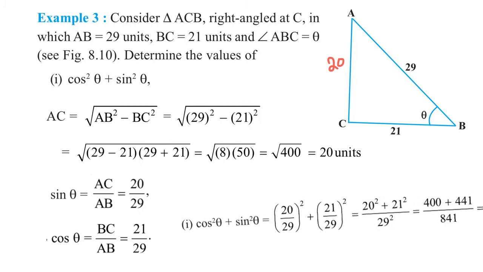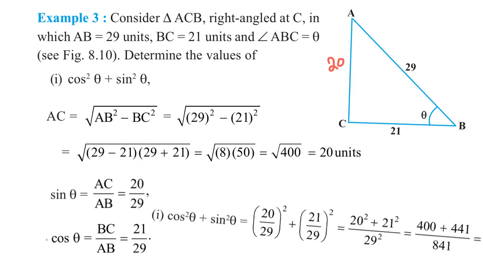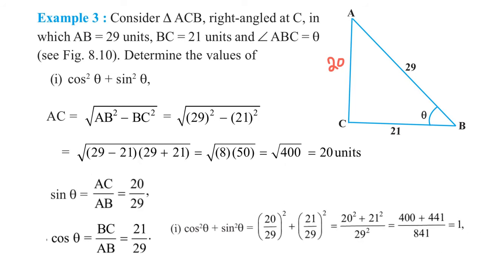Cosine squared theta plus sine squared theta is going to be 21 over 29 squared plus 20 over 29 squared. It doesn't matter which one comes first, and then simplify and you get the answer as 1. So remember, this forms a standard value.